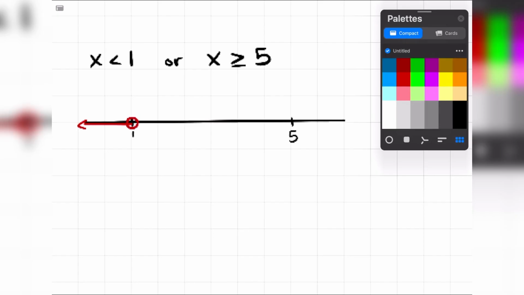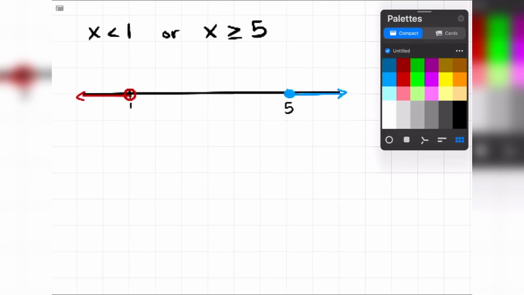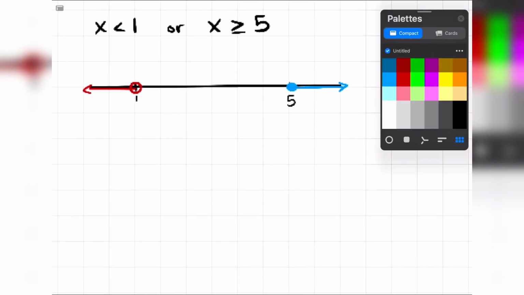And it is an open circle. Other one, x is greater than or equal to 5, which means it's over here and it's filled in. We need one that satisfies either of them, and this one satisfies either of them. So we've done most of the work. Now we just need to put it into interval notation. On the left side, it's going to be from negative infinity all the way to 1 parenthesis.